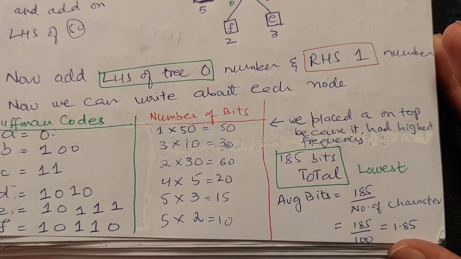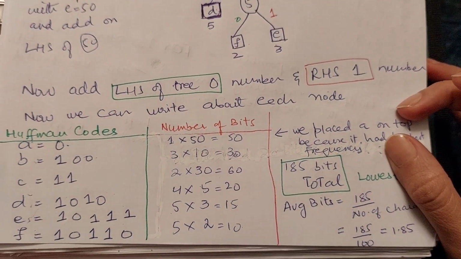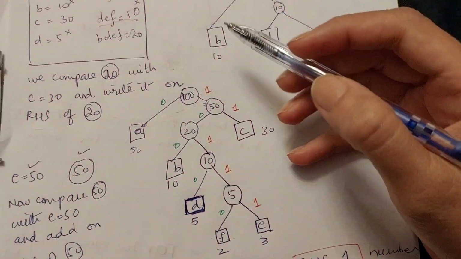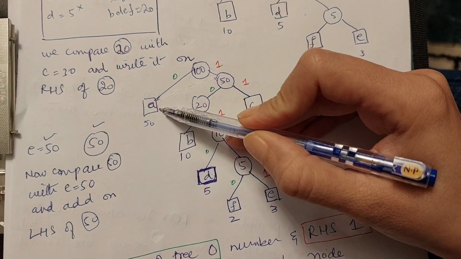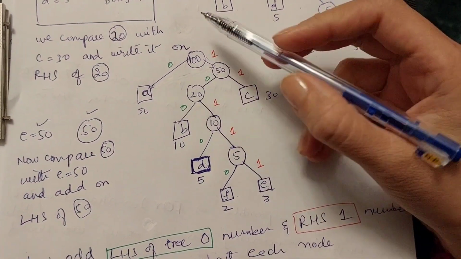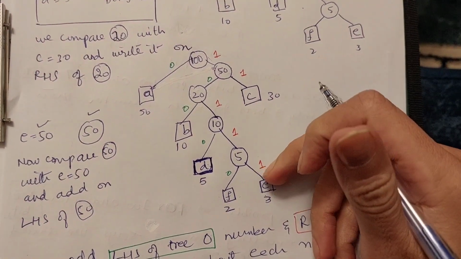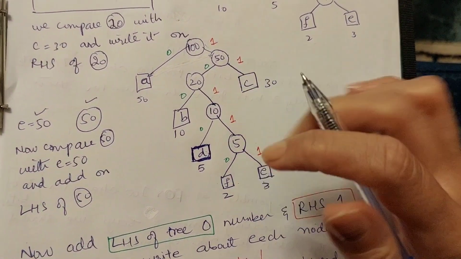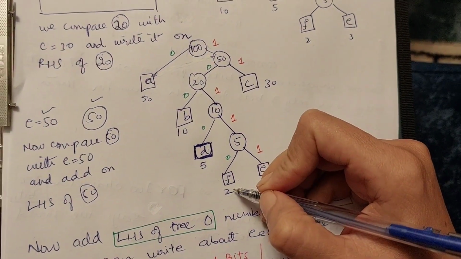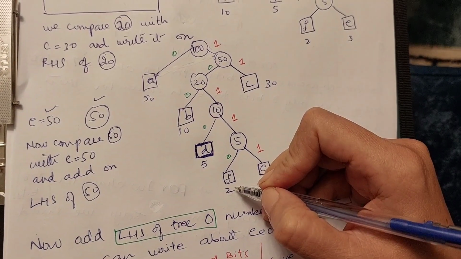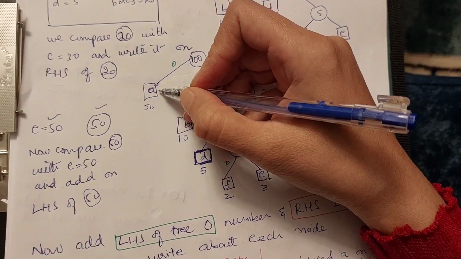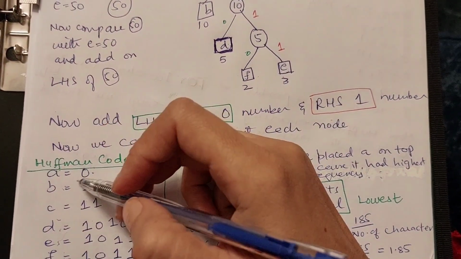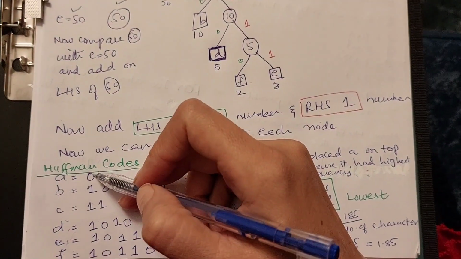Okay, one very important tip here is that we placed A on top, right? You can see that you have placed A on the top, like you considered it in the end, and you considered E and F in the beginning. What advantage you got by considering the lowest frequency characters in the beginning and the highest frequency character in the very end is that for A, you needed the smallest path.